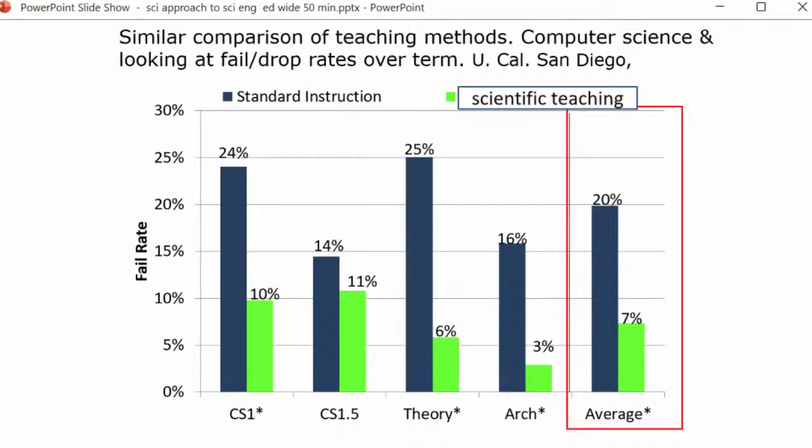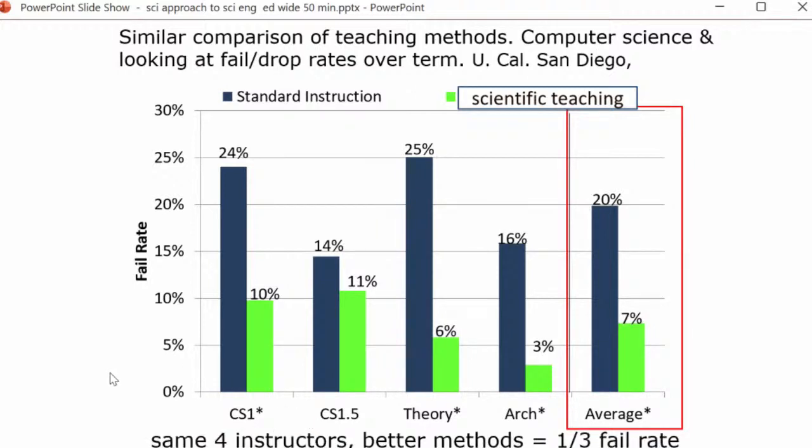And there it was the same instructors, but they simply switched from the traditional lecture method to these research-based teaching methods. And they looked at the failure rates in their courses. And you can see across all four courses, the failure rates dropping substantially.